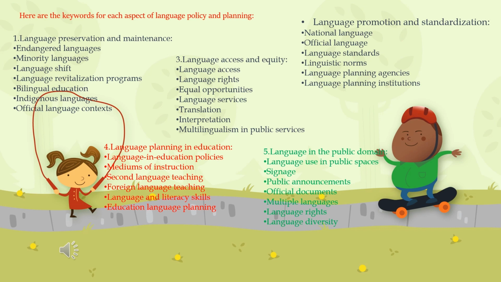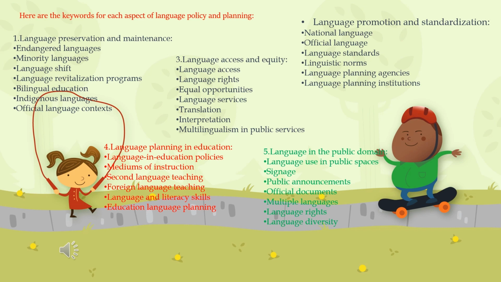So all in all, language policy and planning is a complex and interdisciplinary field that involves linguistic, sociological, political, cultural, and educational considerations. It requires a thorough understanding of the sociolinguistic context and the needs and aspirations of language communities.